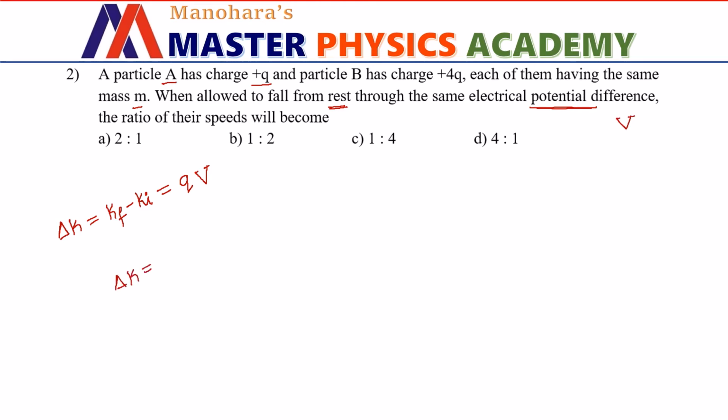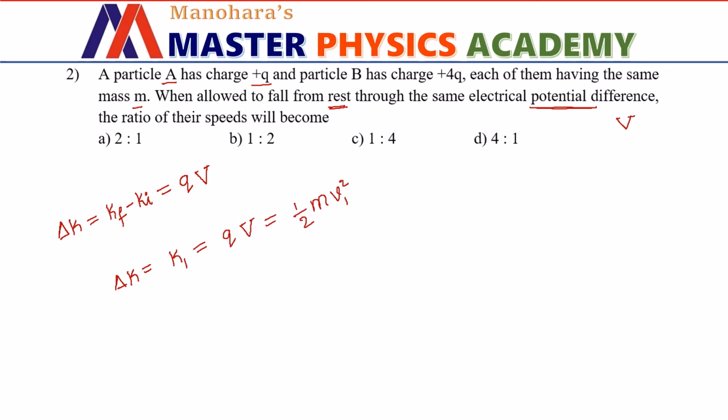That is going to be final kinetic energy, which I am going to mention as K1, and initial kinetic energy will be 0 as the body is starting from rest, and that is going to be equal to charge q times accelerating potential V. And what do we know about kinetic energy in terms of mass and speed? It is half m V1 squared. What is V1 here? This is the final speed of the first charge A.